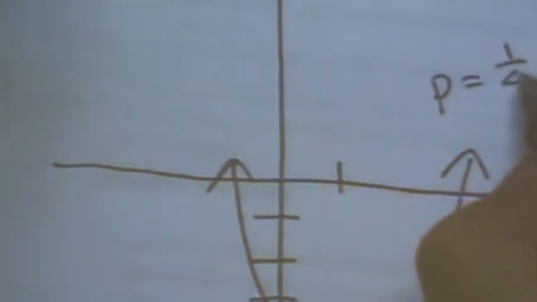Okay, and now this is going to be going like this. It's a right side up parabola. And now if P is 1/4, you're going to go 1/4 in. That's your fixed point. And 1/4 away, and this is your directrix.